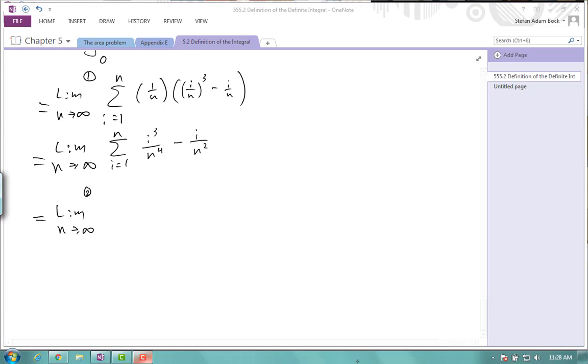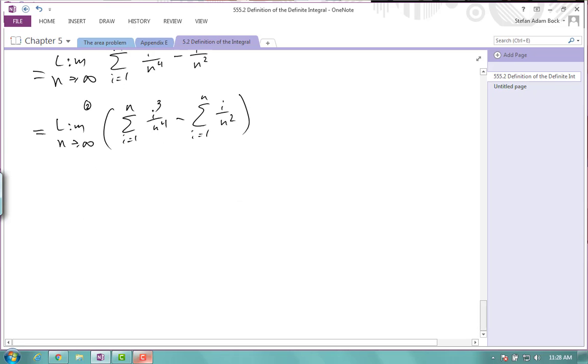Now I want to distribute my summation across all the terms. And then out of each of the terms, I'm going to factor out anything that's not depending on i. So let's see, the i's stay, the n can come out.